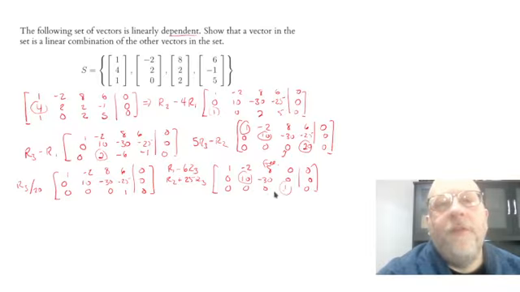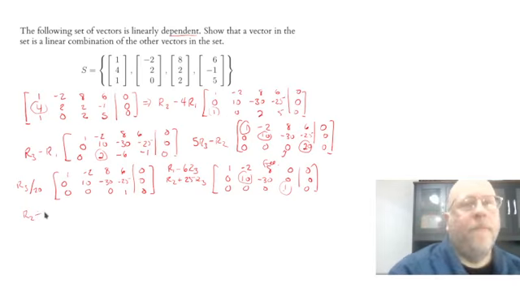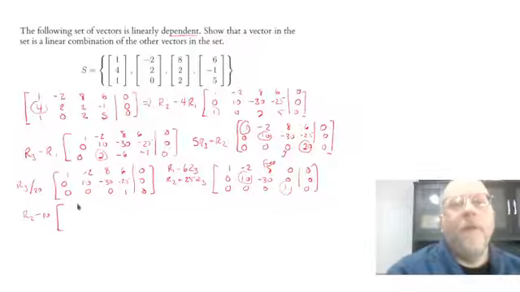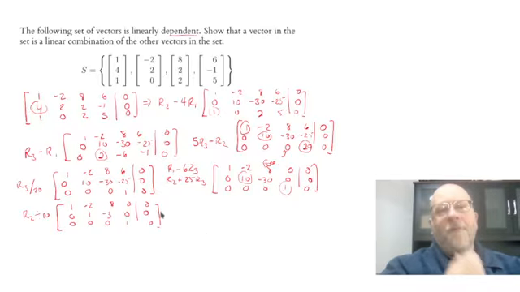We want to work backwards to this leading entry. Change this 10 to a 1. So we're going to take row 2 divided by 10. So that's going to be 1, negative 2, 8, 0, 0, 0, 1, negative 3, 0, 0, 0, 0, 0, 1, 0. And finally, we're going to get rid of this negative 2.